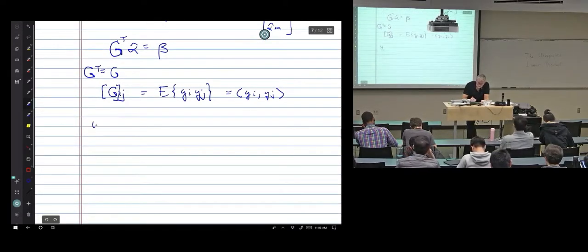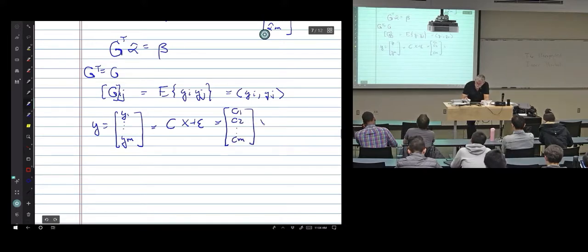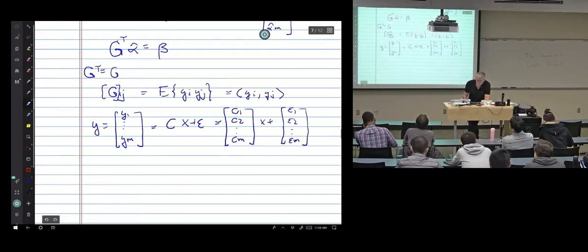Okay, so we have y is y1 to ym. That's Cx plus epsilon. So it's the first row of C, second row of C, mth row of C times x plus epsilon 1, epsilon 2, epsilon m, right?